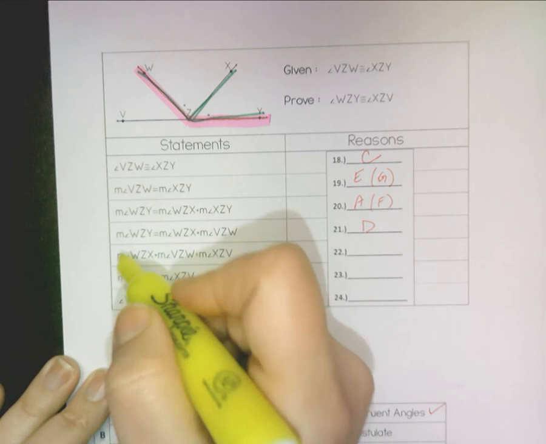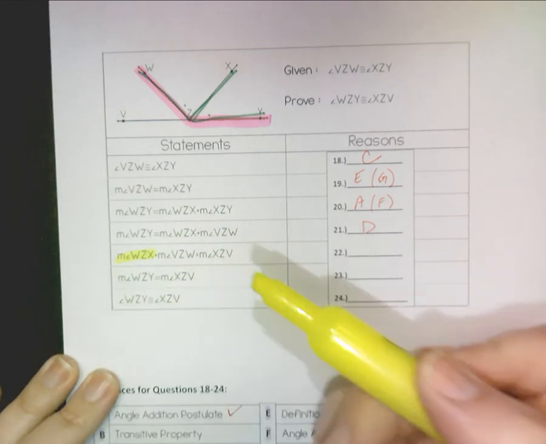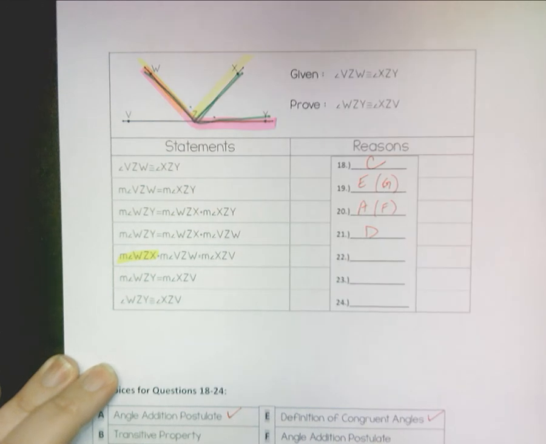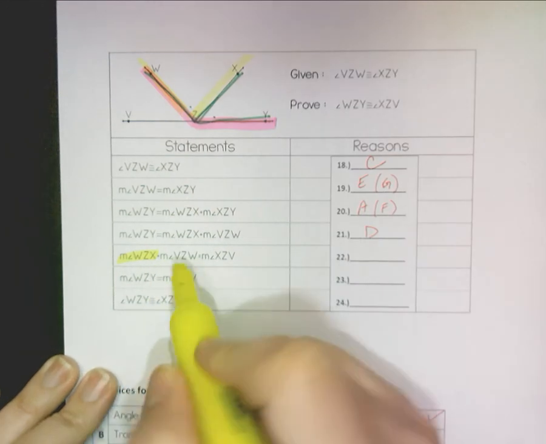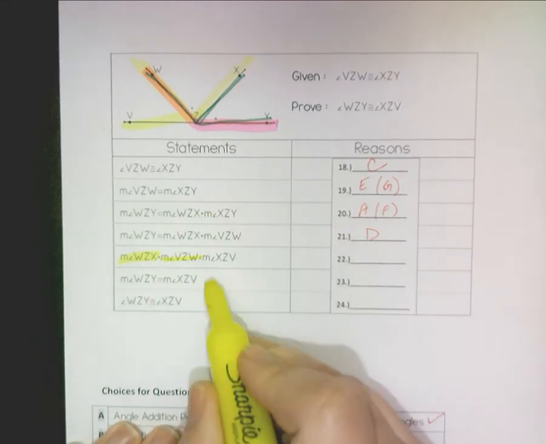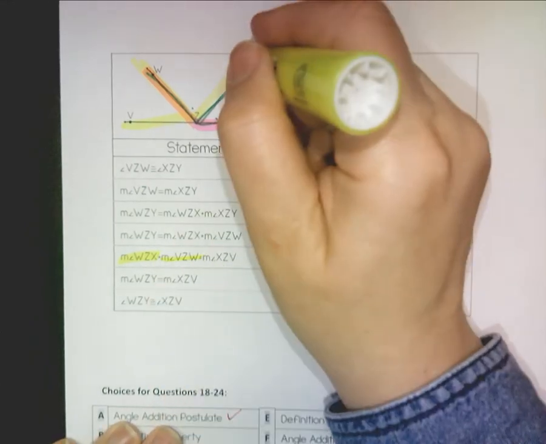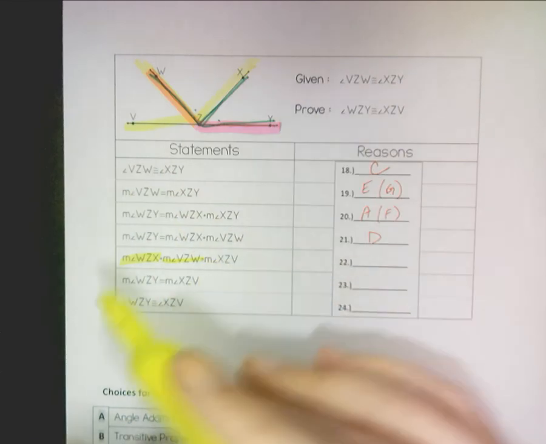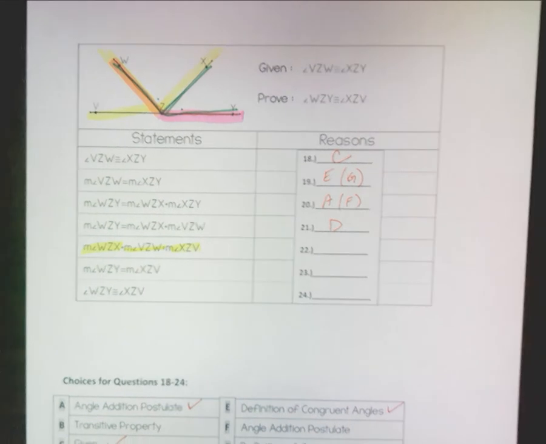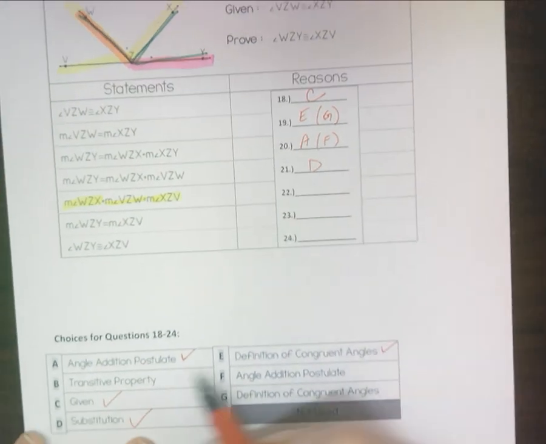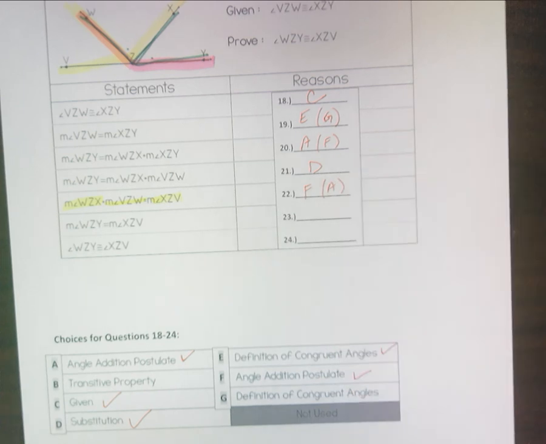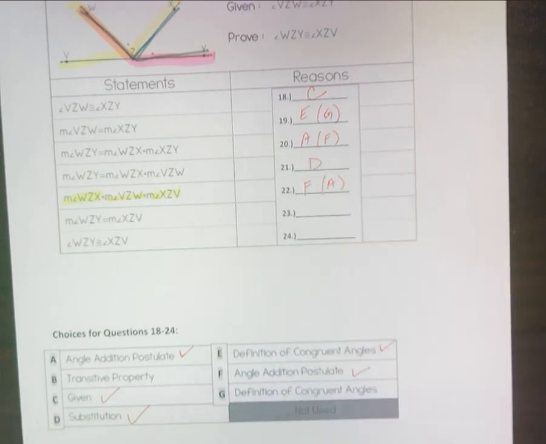So the measure of WZX plus VZW equals XZV. Are two angles making a whole? Yes. Then what do we call that? Angle addition postulate. So that's the other angle addition, which would be F. Again, or A, had you chosen the opposite for there.